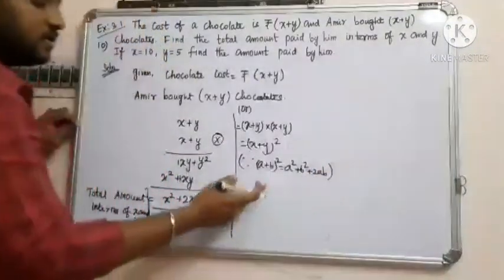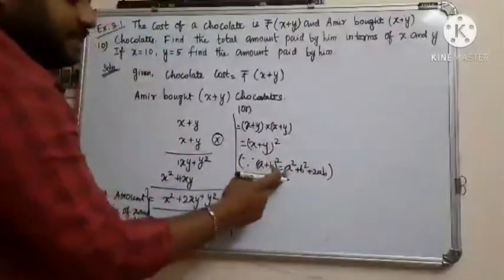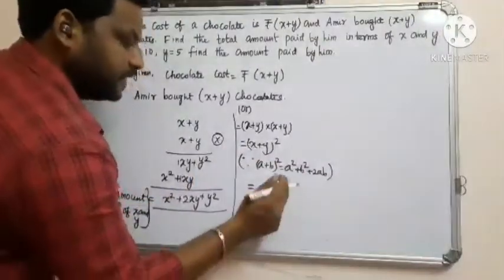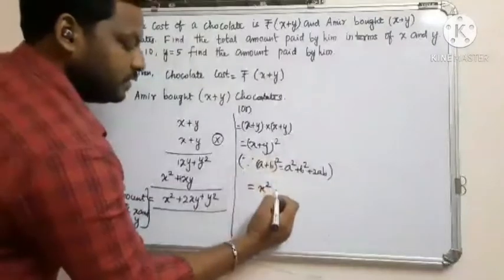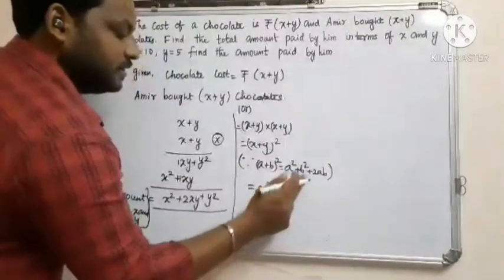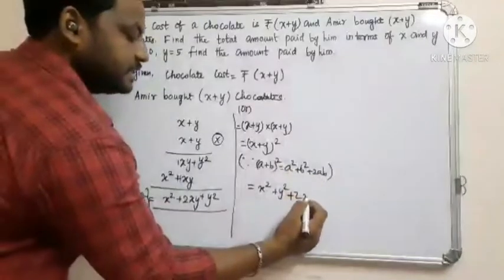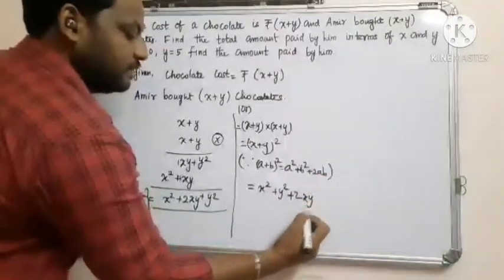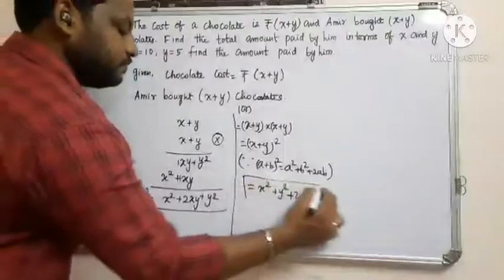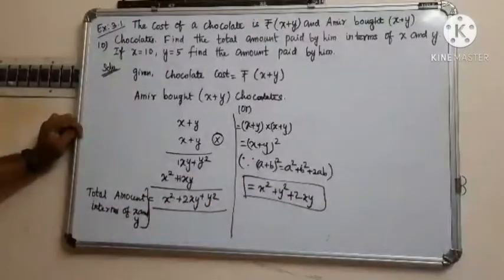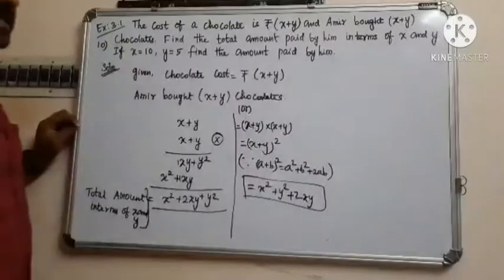So instead of a, you write x, that is x square. Instead of b, you write y, plus y square plus 2, with a as x and b as y. This is also the same format. The amount should be in terms of x and y.